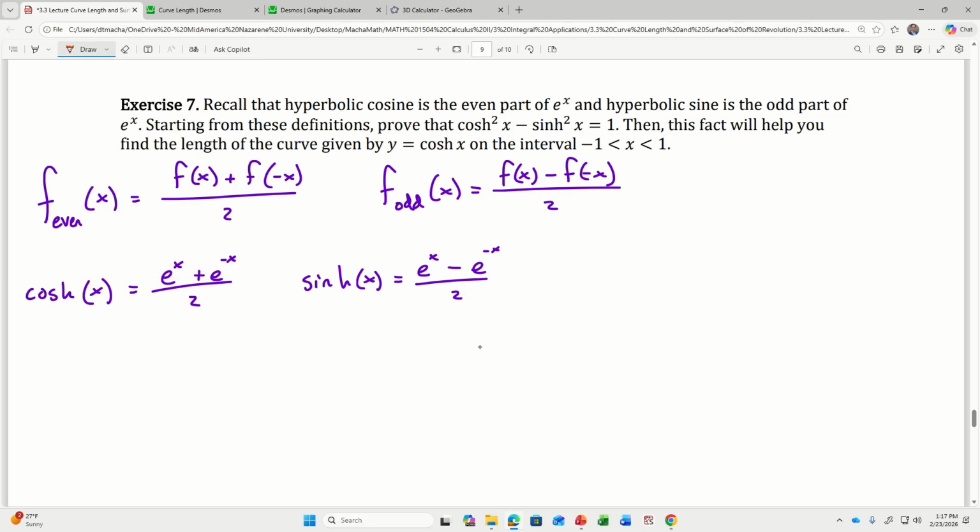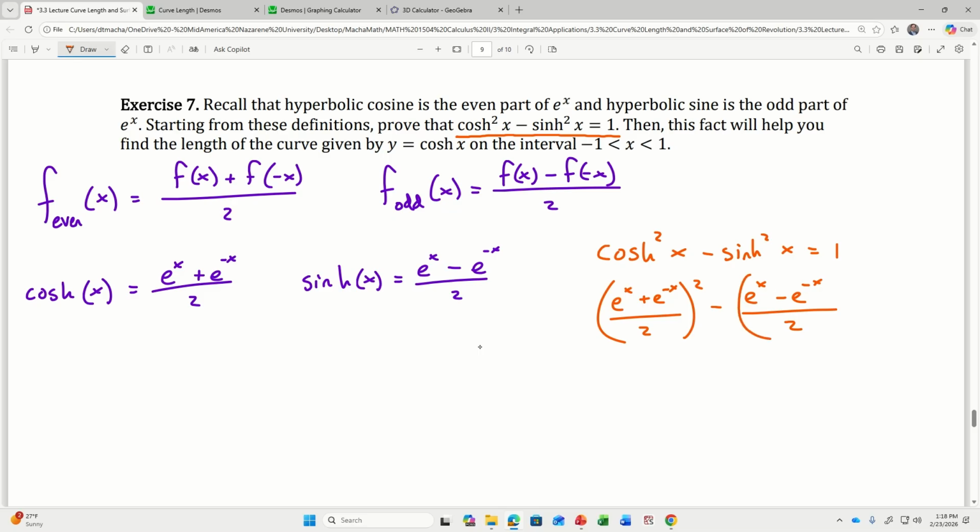Now what we're trying to prove is that this is true. This is what we'd like to verify. We just have to plug in these definitions: e to the x plus e to the negative x divided by 2, squared, minus e to the x minus e to the negative x divided by 2, squared, is equal to what?